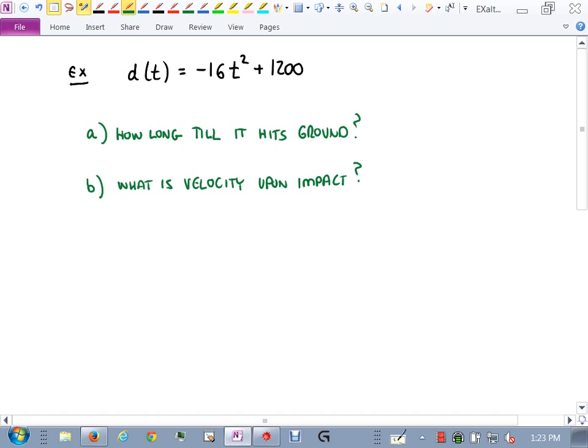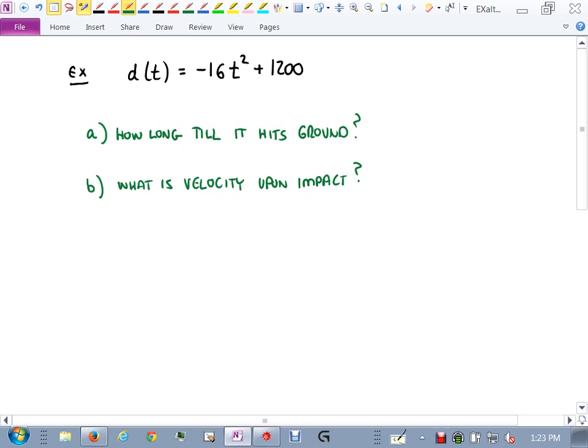So it's going to take a certain amount of time for this object to hit the ground, right? And when it hits the ground, it's going to have a certain speed. I'd like to know those two things. How long does it take to hit the ground? And when it gets there, how fast is it traveling? Agreed? Or do you not understand what I'm asking?